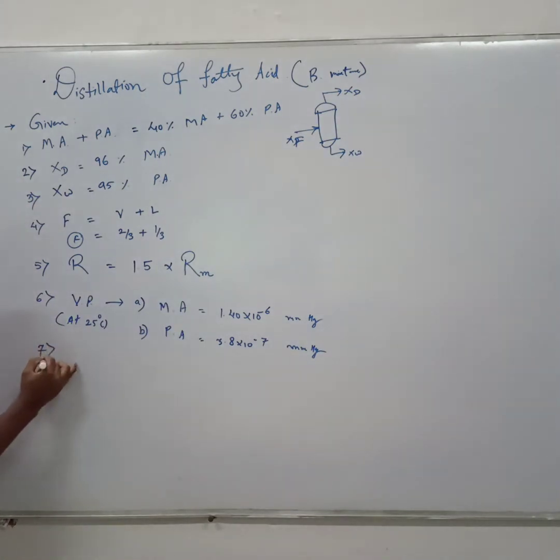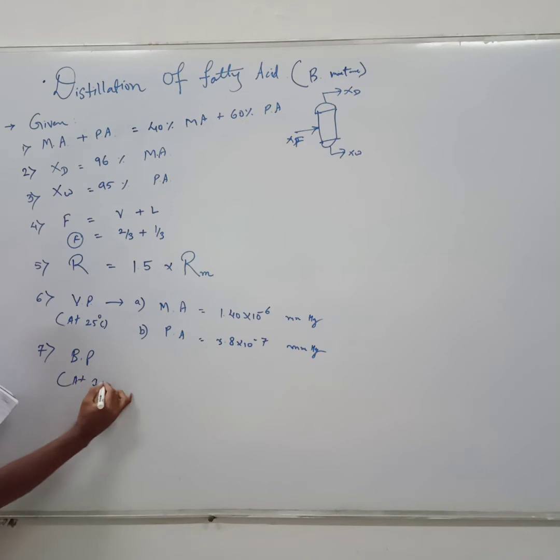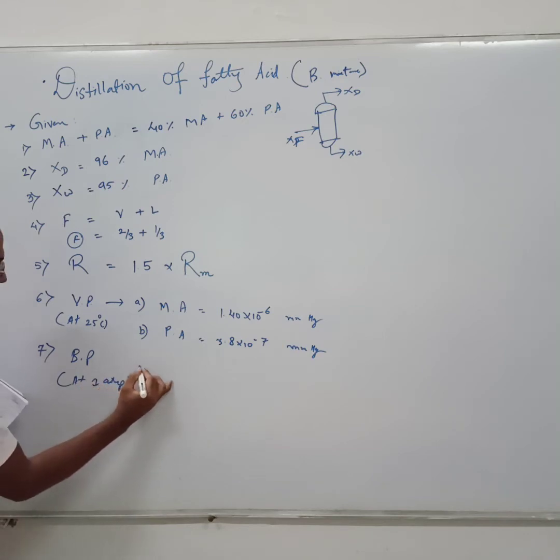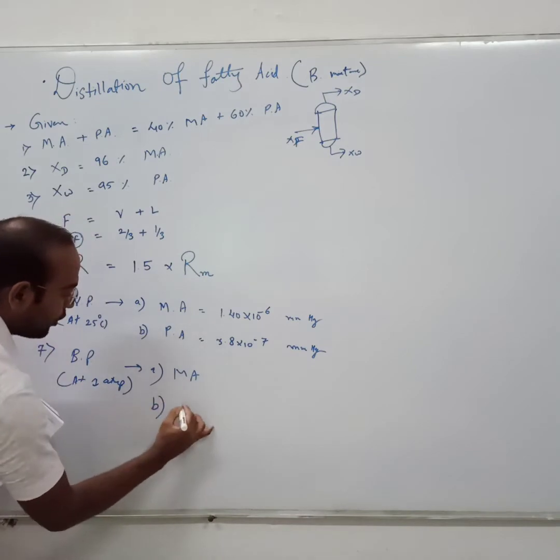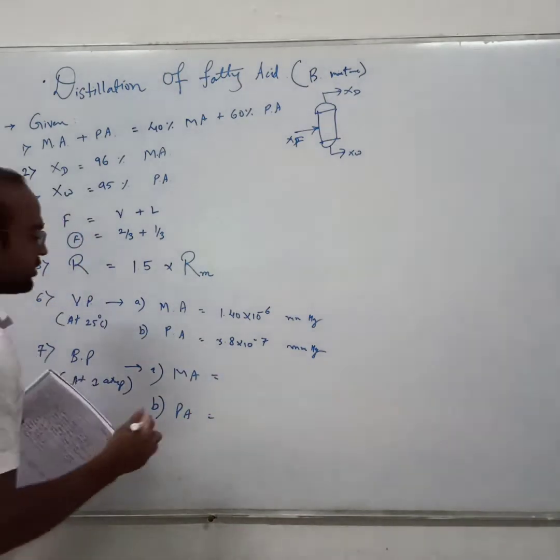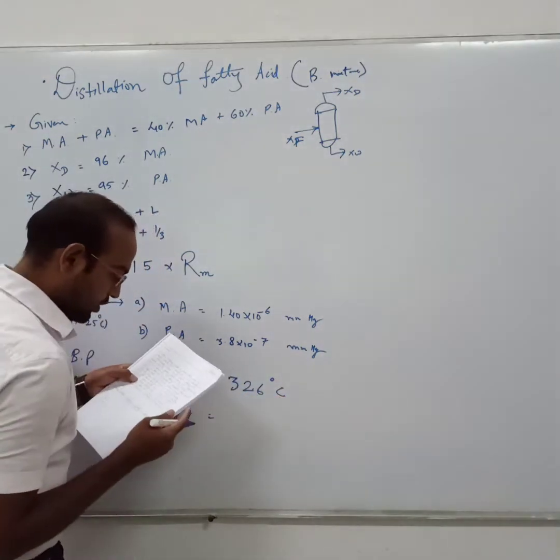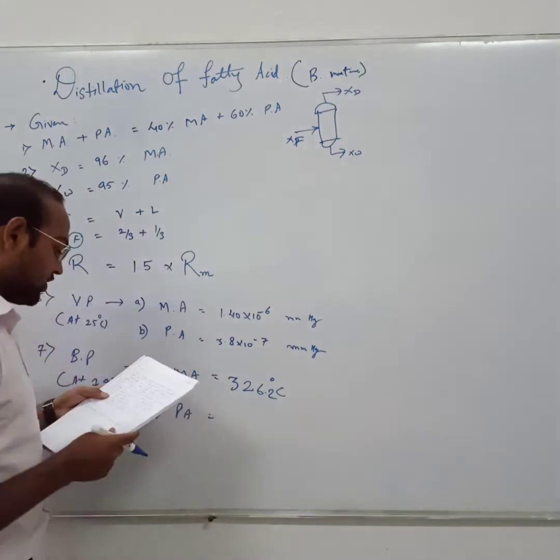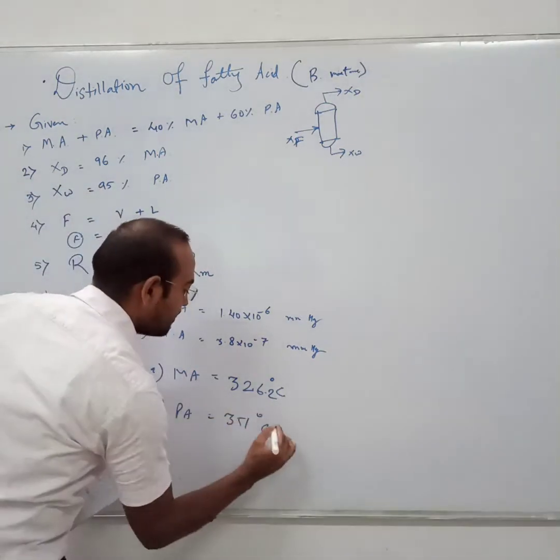Then the boiling points of these two acids, denoted by capital BP, are given at 1 atmosphere. The boiling point of myristic acid is 326.2 degrees Celsius, and that of palmitic acid is 351 degrees Celsius.